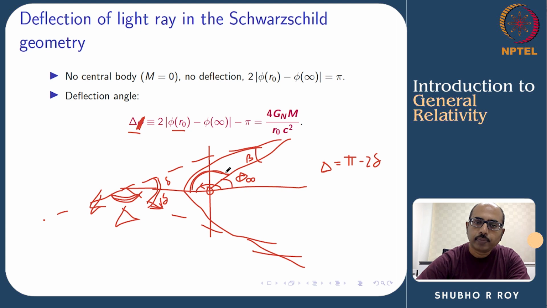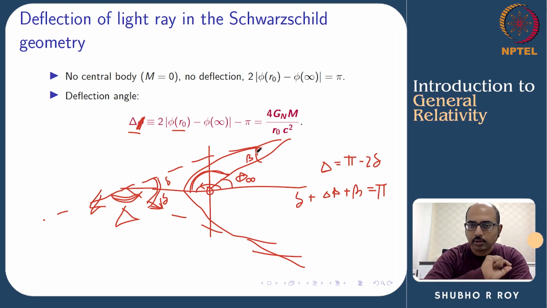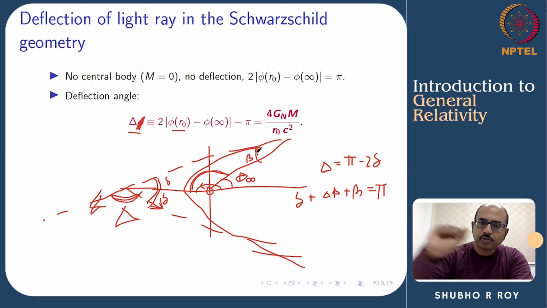So the change in the azimuthal angle plus delta plus beta is also pi. And remember, when you're at infinity, this angle beta vanishes because there's no difference between the position vector and the tangent.